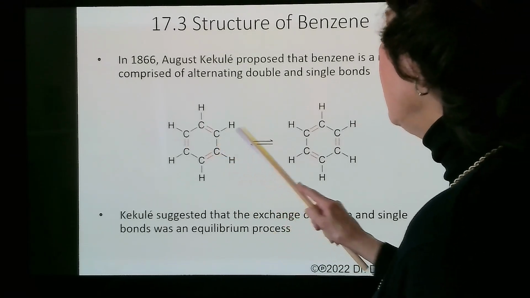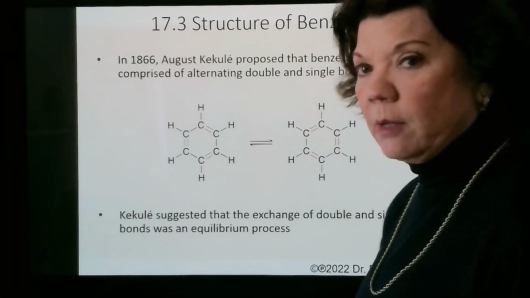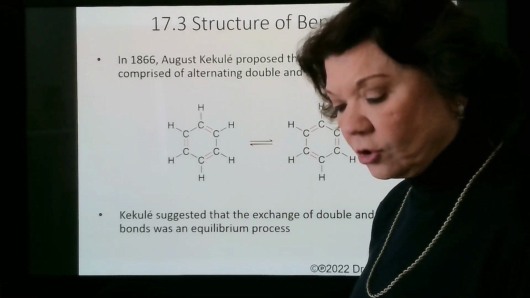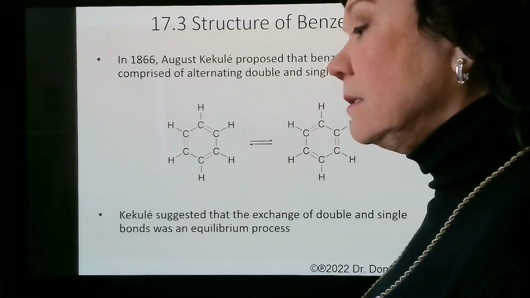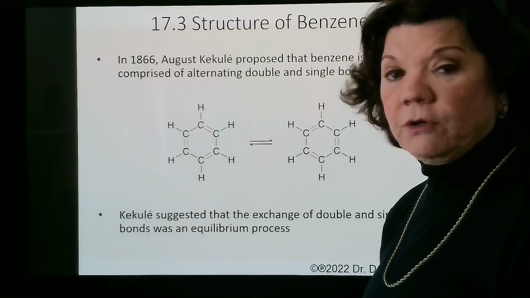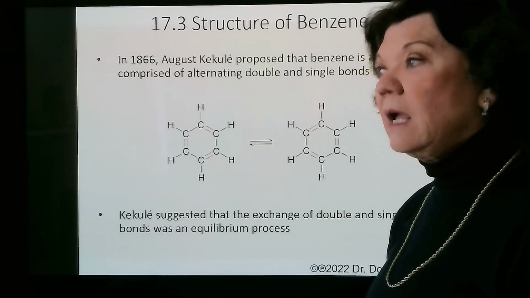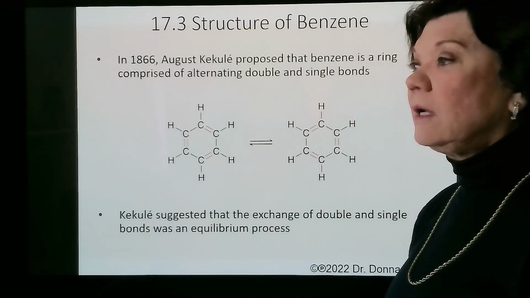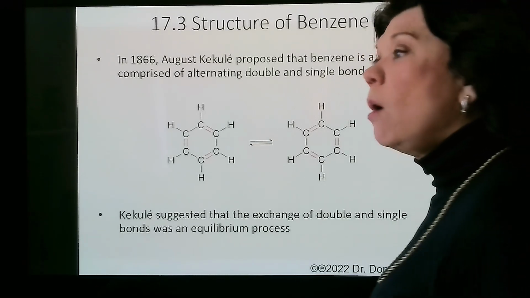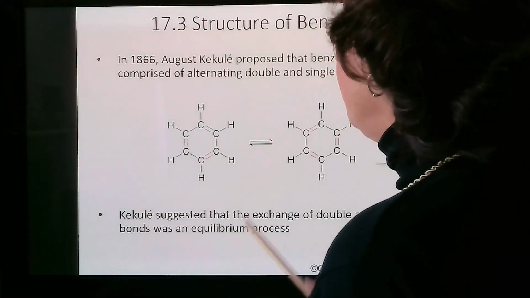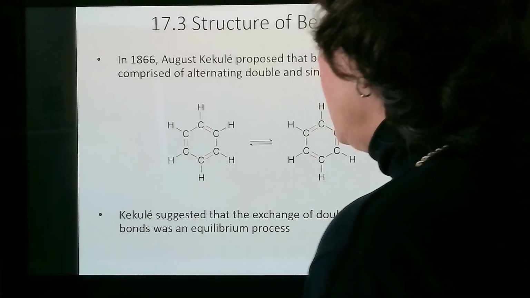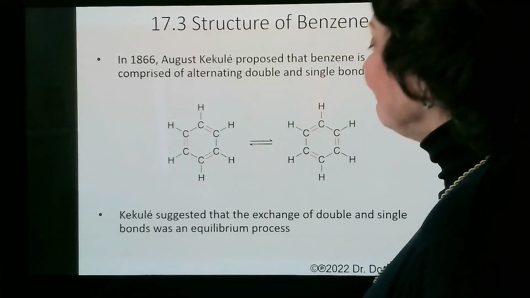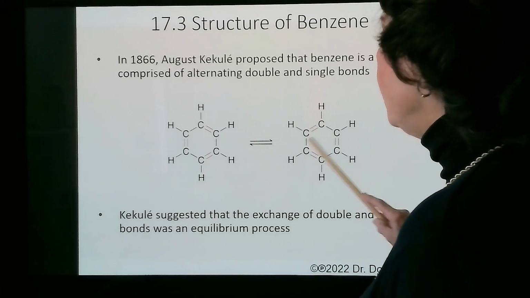He suggested that this was an equilibrium process. And initially, the chemical community believed it was indeed an equilibrium. They knew that it could either be an equilibrium or that the 2 compounds could actually be in resonance with each other.